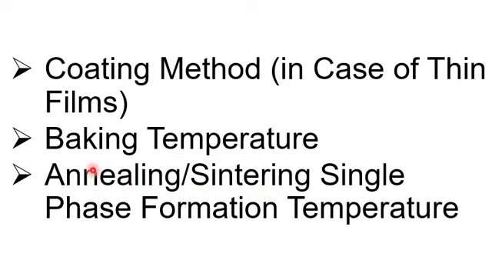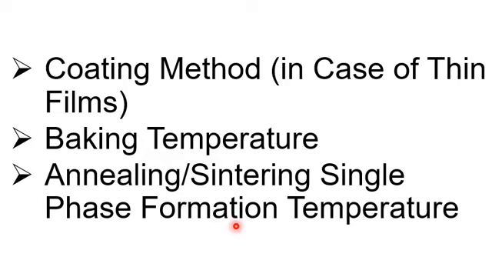Please note that this is a very important physical parameter. Different types of material, like if you want to prepare iron oxide Fe3O4, have a specific phase formation temperature at which the dry sol gel is converted into a single crystalline or single phase iron oxide nanoparticle, nanorod or thin film.